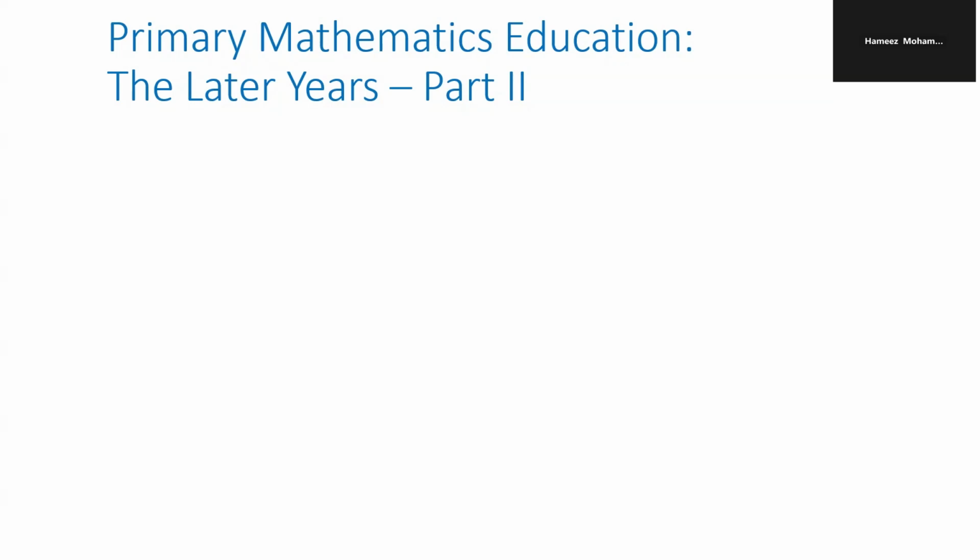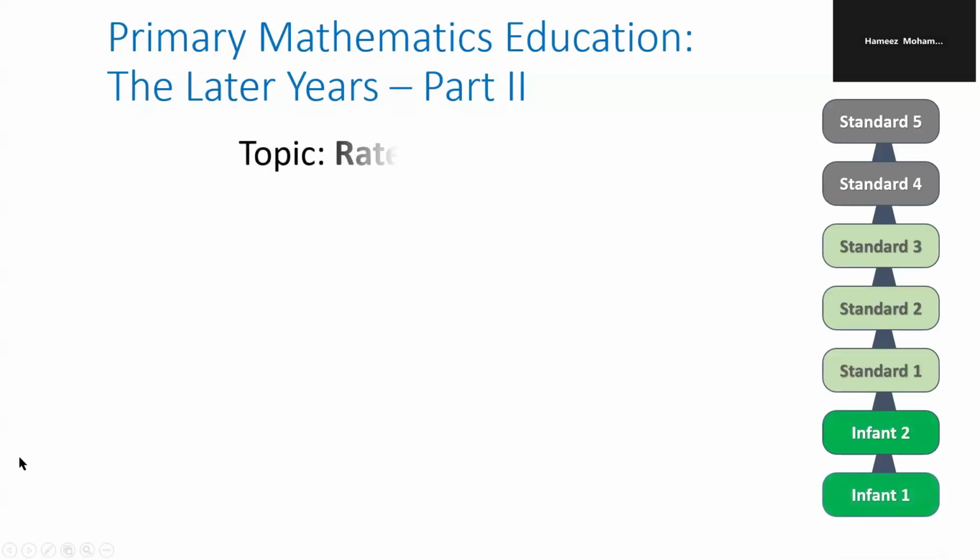So we did weight, ratio, and proportion in class. We did the introduction of it. And what we're going to do today is continue with the expansion of the ideas of what happens in terms of proportion.